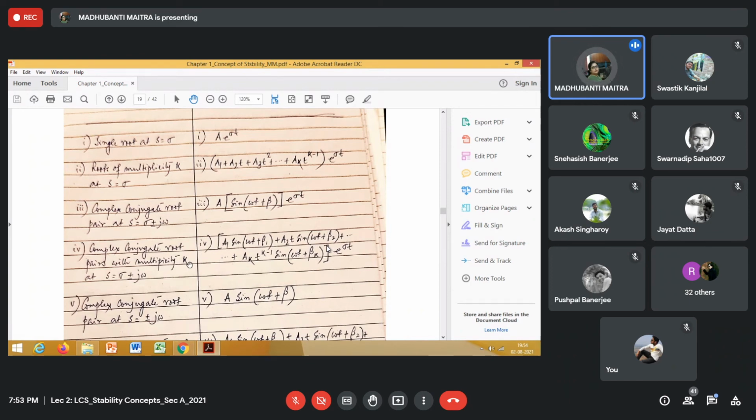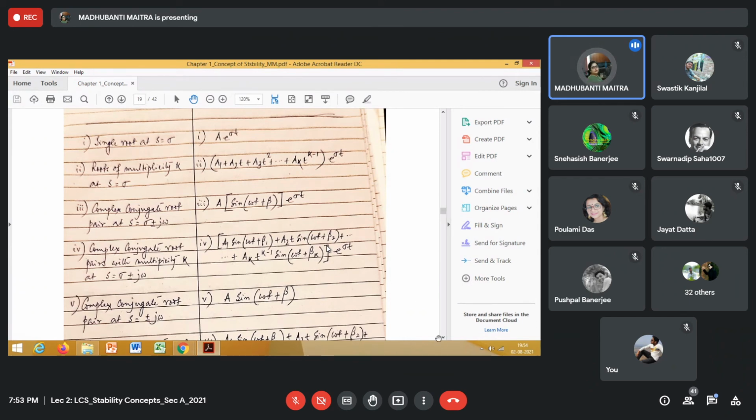Again, please write down the transfer function and try to find out the unit impulse response C(t). Is it clear what we have to do? Yes, ma'am.